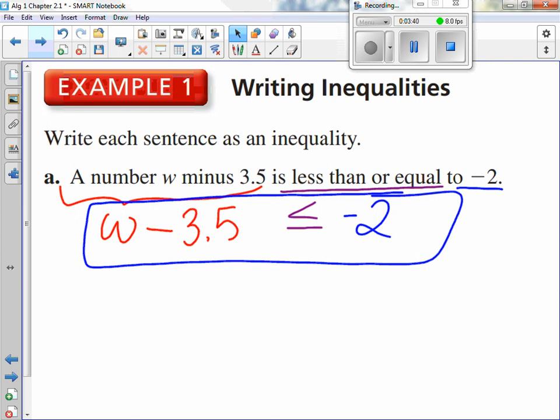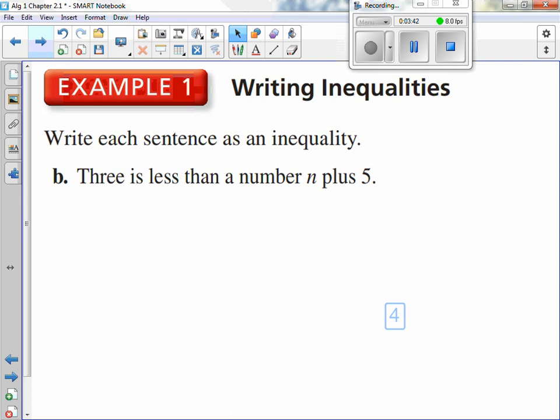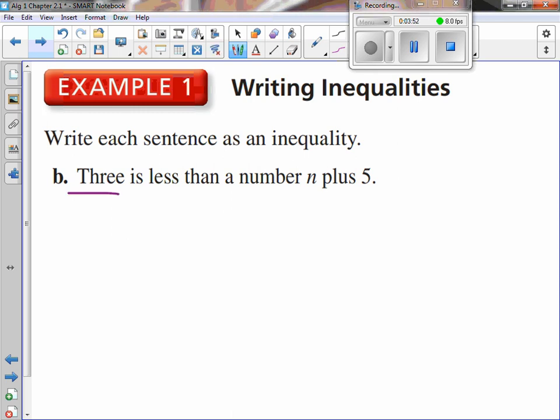We ready for the next one? 3 is less than a number plus 5. Let's just start left to right. It just says 3, because is less than is one of our inequalities, yes? So we have 3 is less than a number n plus 5.